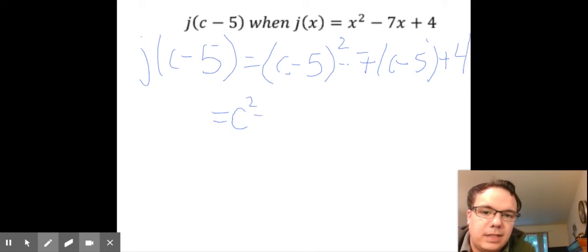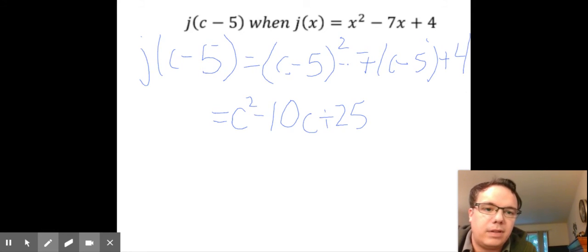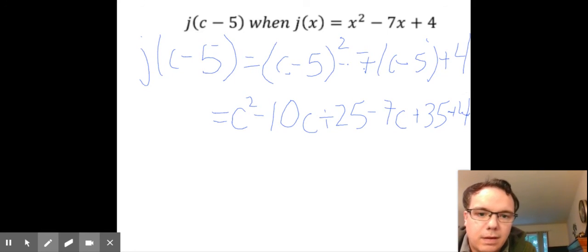Now I get negative 5c and negative 5c, so I'll get minus 10c. And negative 5 times negative 5 is positive 25. And if I distribute my negative 7 through, I'll get minus 7c. Negative 7 times negative 5 is a positive 35. And then I still have plus 4 at the end.